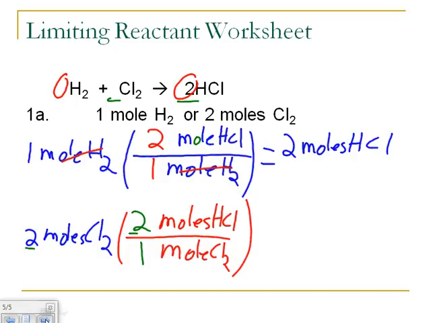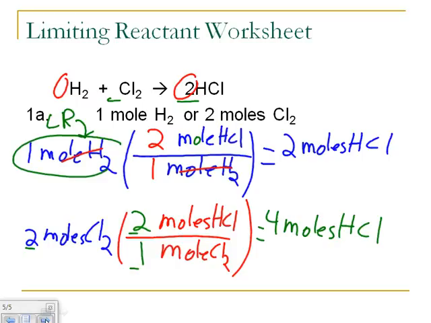Now we'll have our 2 times 2 divided by 1, which will give us 4 moles of HCl. So we know at this point our limiting reactant is our H2. Limiting reactant is the H2, and we will produce 2 moles of HCl. We're going to run out of H2 before we run out of chlorine.